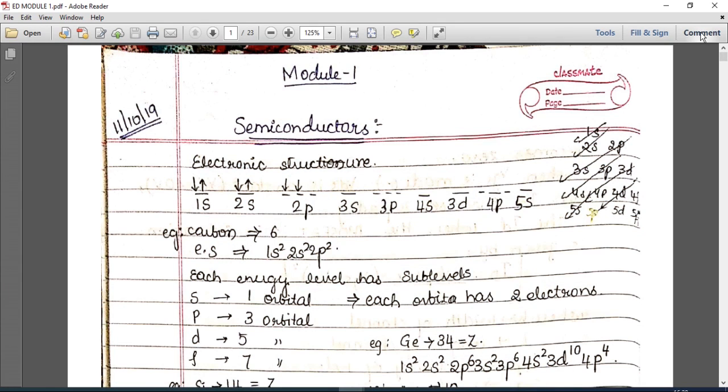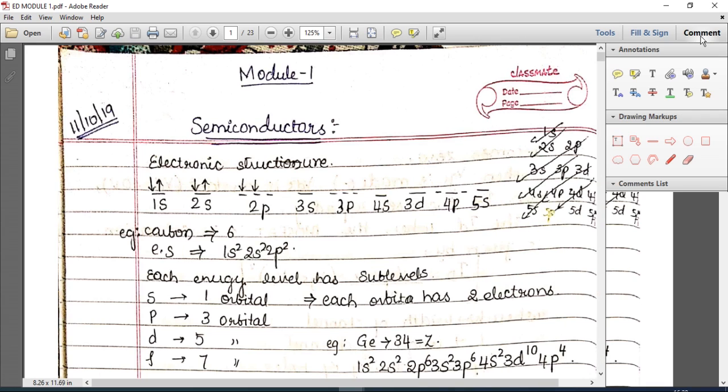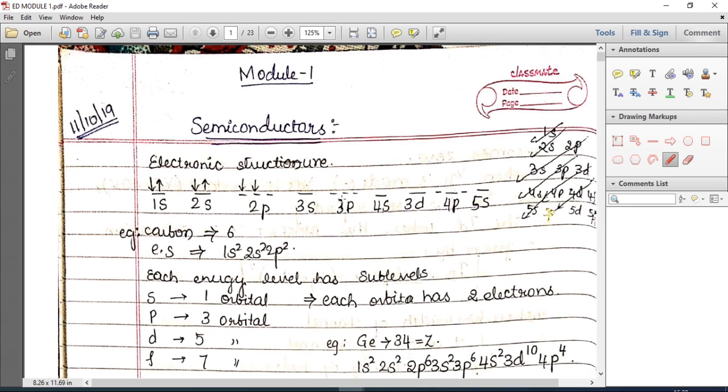we are going to write the electronic configuration for the given material. If I take the example of carbon, the atomic number of carbon is 6. Now if the atomic number of carbon is 6, then we have to write the electronic structure for this.